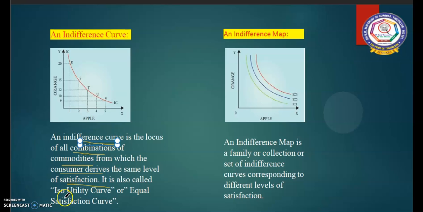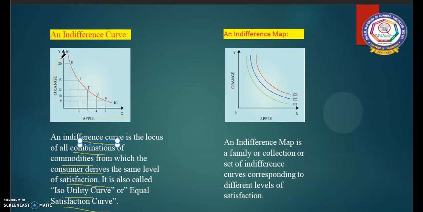The other name for this curve is iso-utility curve or equal satisfaction curve. Here x-axis represents apple and y-axis represents orange.